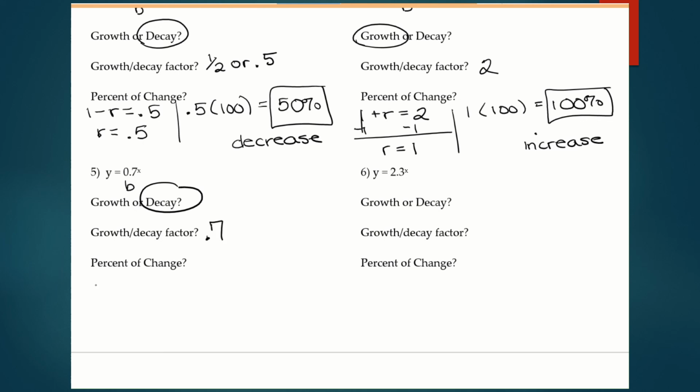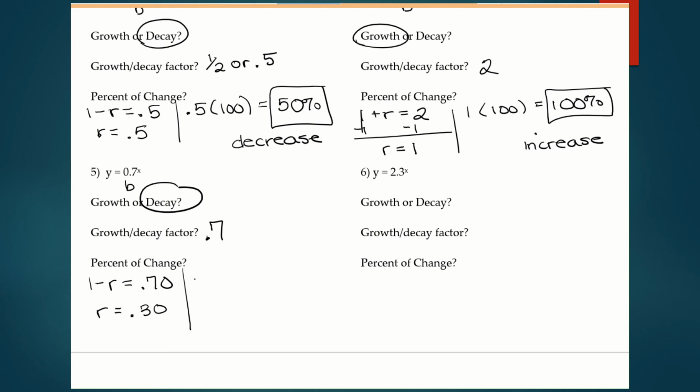What is my percent change? How are my y values changing with each increase in x? Well, let's see. 1 minus r, what did I subtract from 1 to get 0.7? I subtracted 0.3. You obviously did not need the extra 0 there.